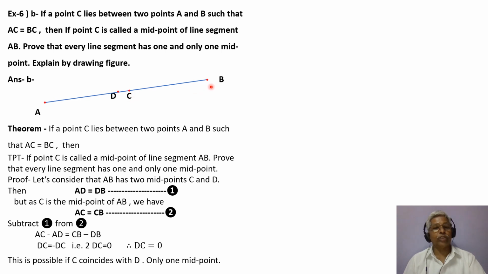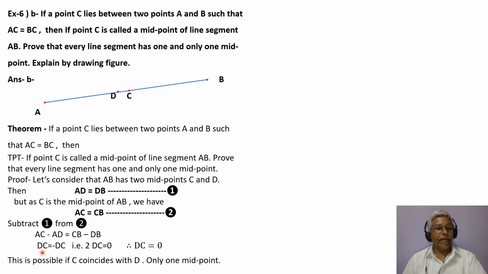Subtract this second one from the first. So AC minus AD, left hand side, is equal to CB minus DB.